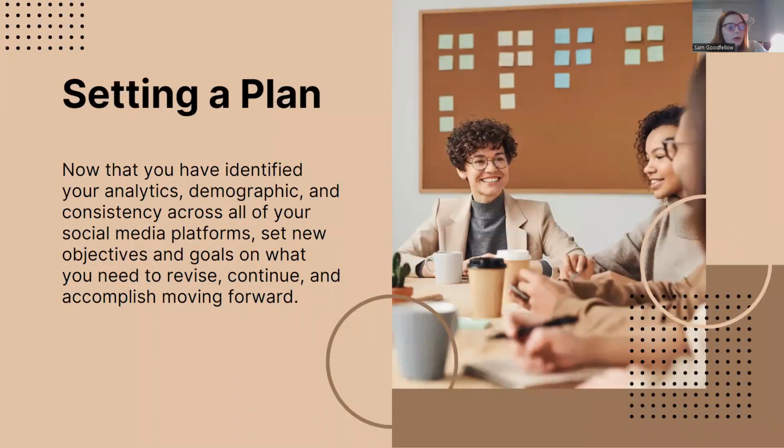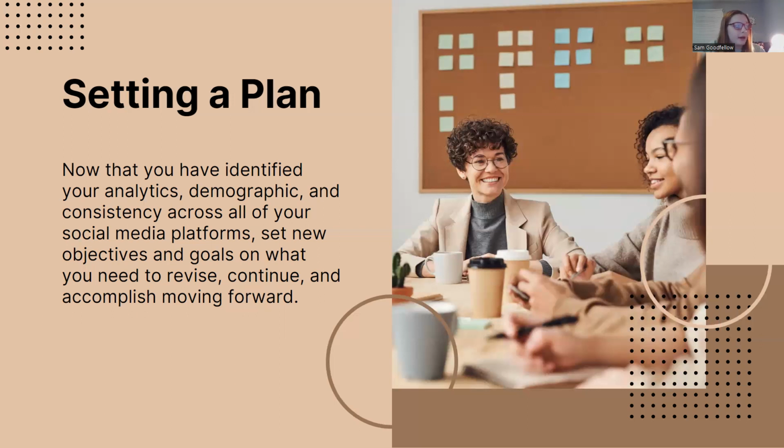And then lastly, you want to make sure after you have your analytics, you understand who's looking at all of your content, how you can gain consistency from your content, which again is a post later in this course. So if you want to learn how you can be more consistent with your content, can definitely go down there. But just looking at all of that, all of your posts, all of your analytics, you want to set a plan. If you have an issue being consistent throughout social media platforms, maybe how can I change that?